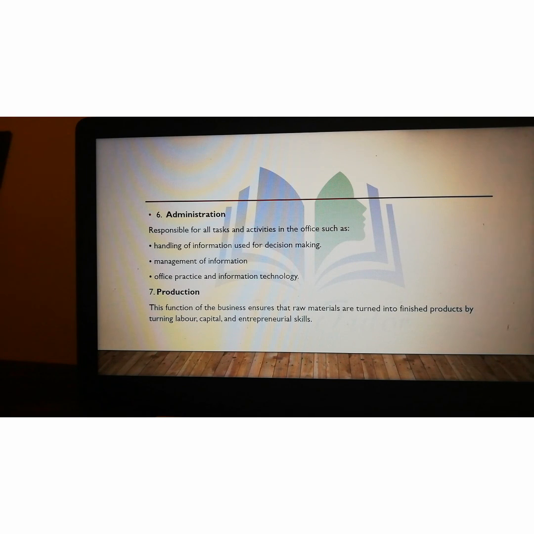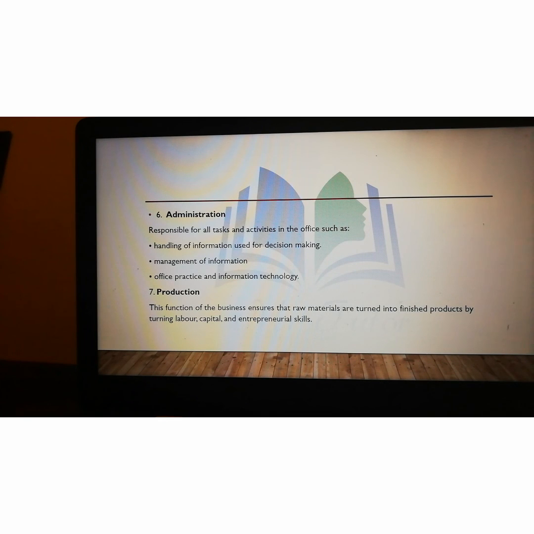The 7th function of a business is production. Now, this function is another important one personally for me, because it ensures that all the raw materials are turned into finished products by combining labor, capital, and entrepreneurial skills.